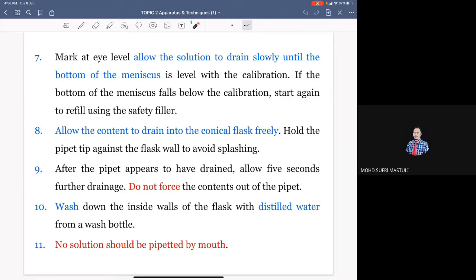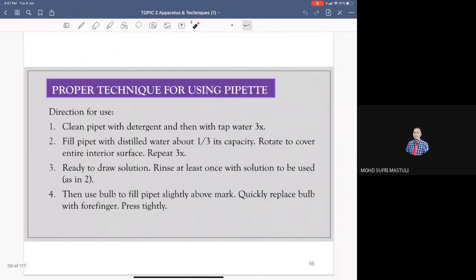We wash down the inside of the pipette using distilled water. No solution should be drawn into the pipette by using the mouth.